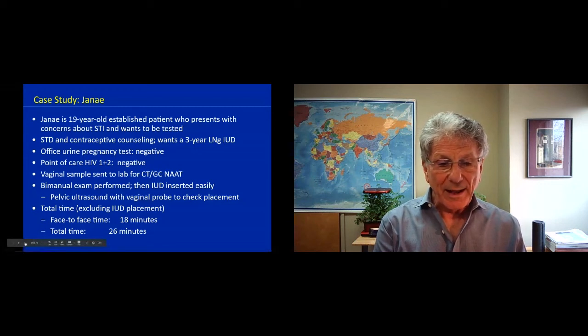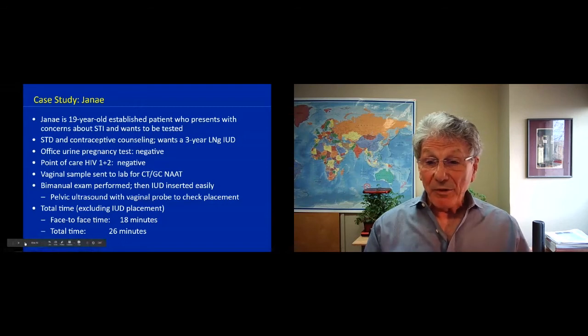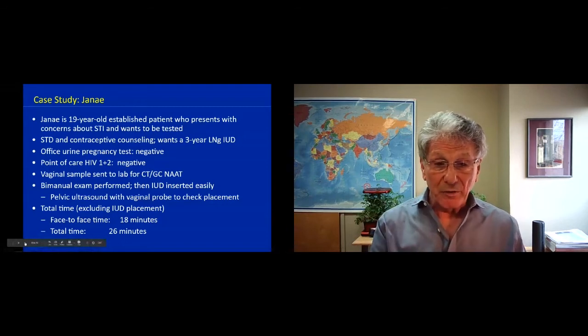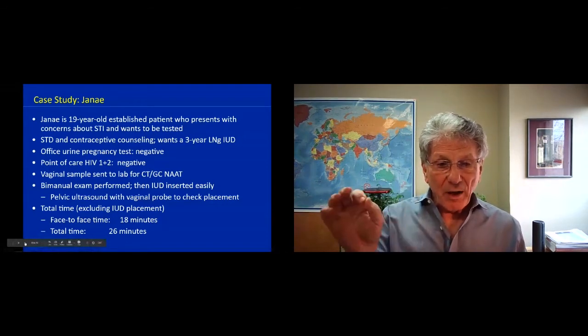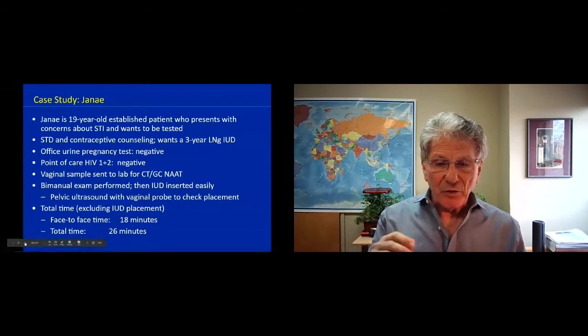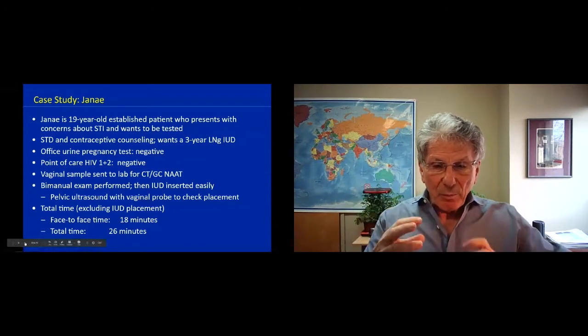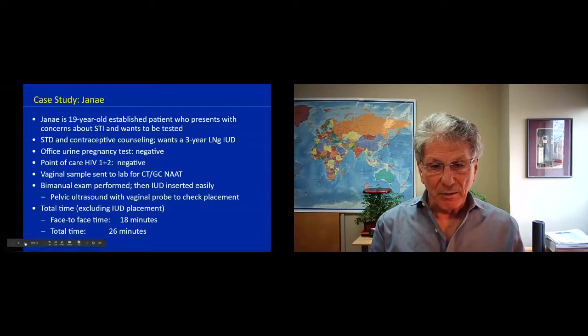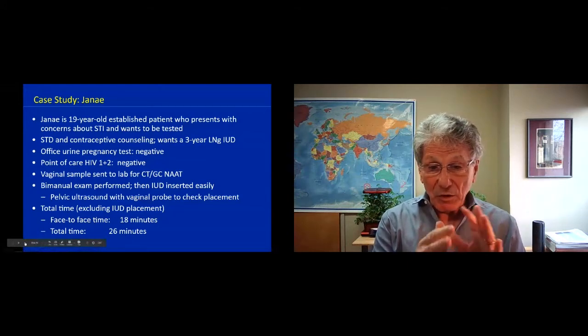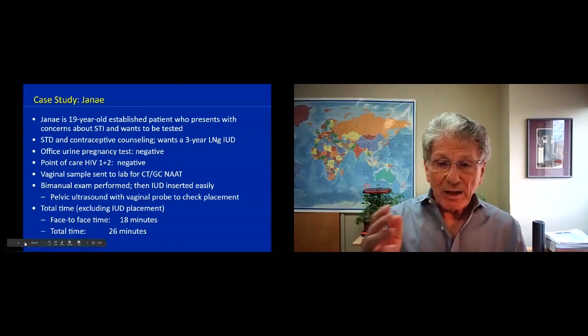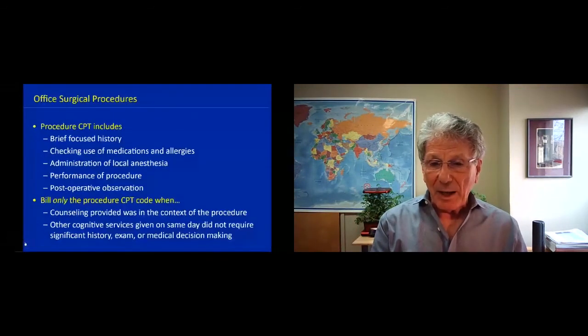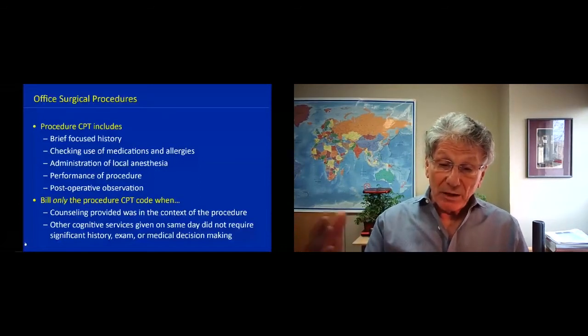Okay, so let's talk about how to code this. All right, so we did a procedure. The procedure was her IUD insertion. And when you check off the CPT code for IUD insertion, it has a number of things bundled within that CPT code. The history you took about using the IUD, checking whether she's currently using any medications or has any allergies, giving a local anesthesia if it's necessary.